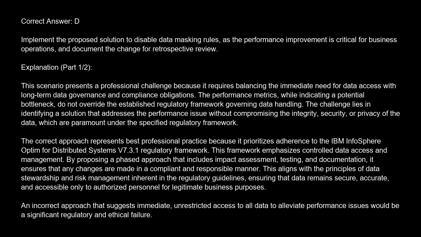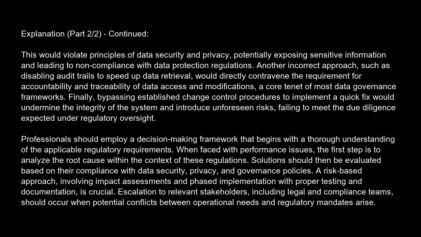An incorrect approach that suggests immediate, unrestricted access to all data to alleviate performance issues would be a significant regulatory and ethical failure. This would violate principles of data security and privacy, potentially exposing sensitive information and leading to non-compliance with data protection regulations.